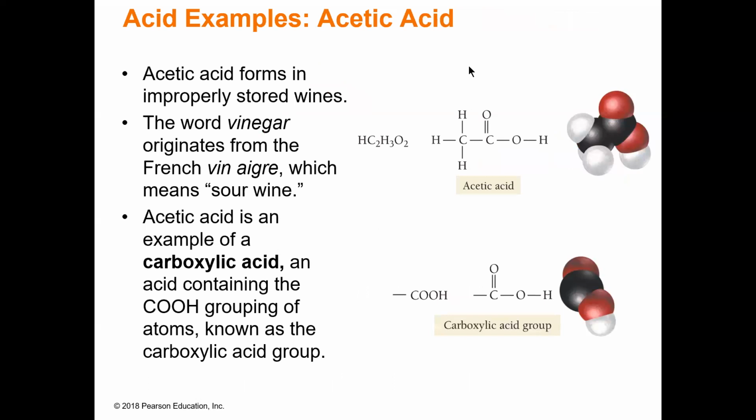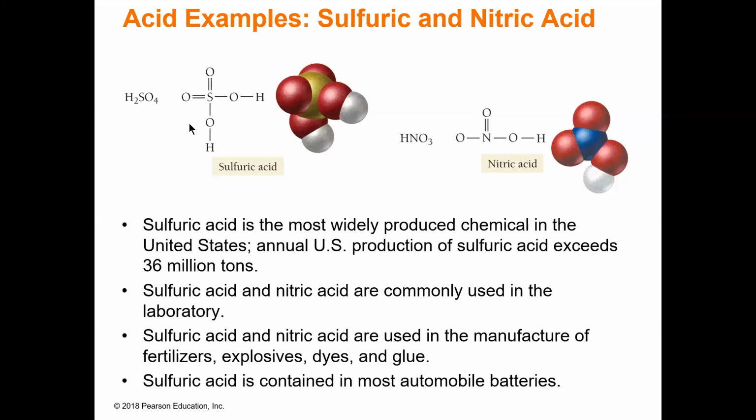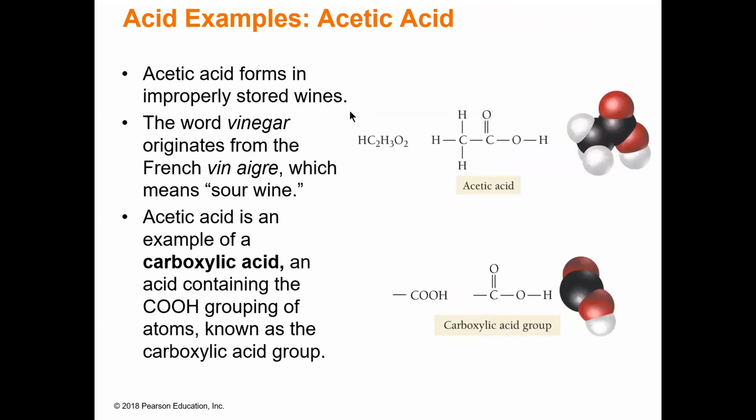Here we've got acetic acid. Acetic acid is found in a lot of wines. The word vinegar originates from the French word vinaigre, which means sour wine, so acidic quality. And then acetic acid, this thing here, is an example of what's known as a carboxylic acid. And so carboxylic acid is an organic functional group, and we haven't gone into organics, and we won't go into organics a whole lot, but really at all.